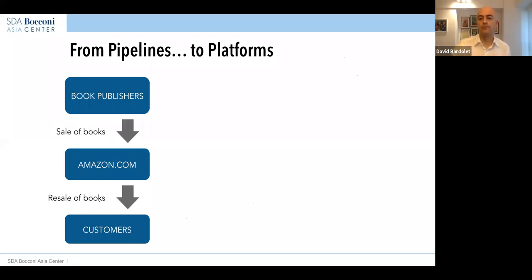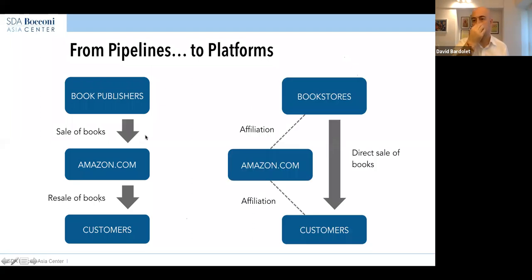What is a platform? A platform is when Amazon becomes simply the place where bookstores or booksellers or publishing houses sell their stuff to the customers directly. As some of you say, exactly.